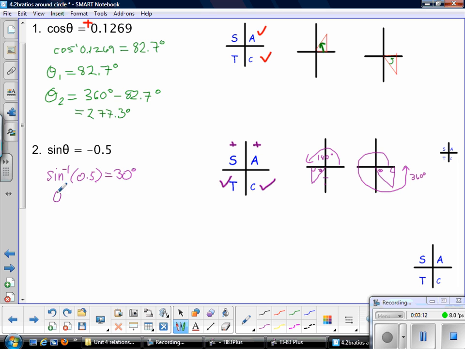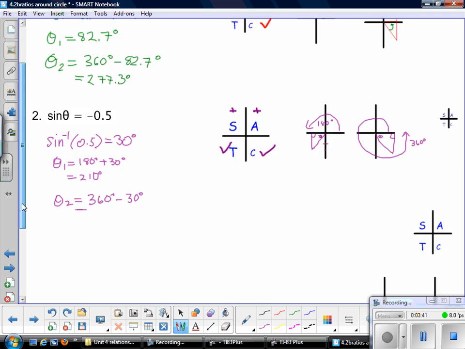Our first theta is going to be 180 degrees plus 30, so we end up with 210 degrees. My second theta is going to be 360 degrees, take away the 30, which equals 330 degrees.